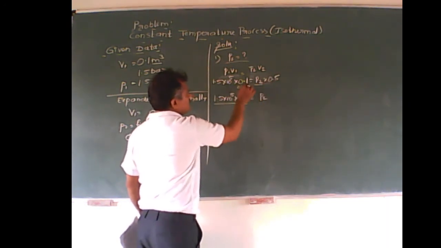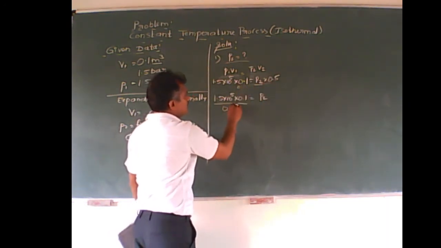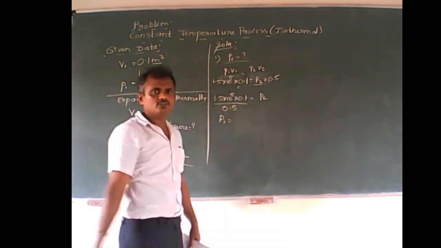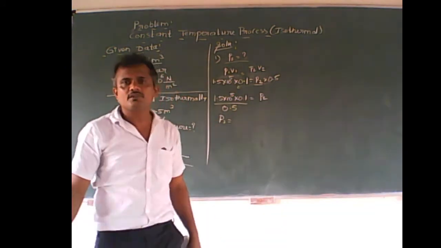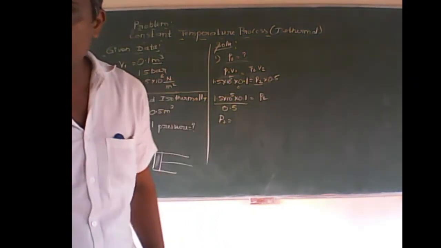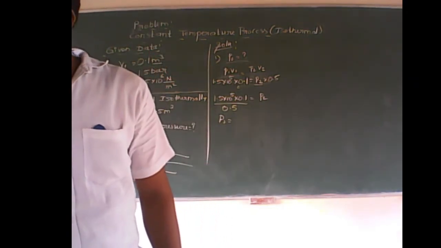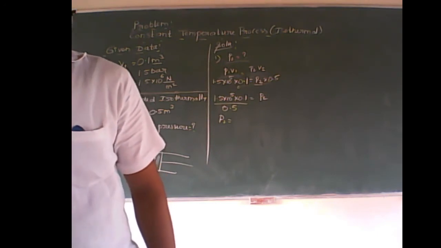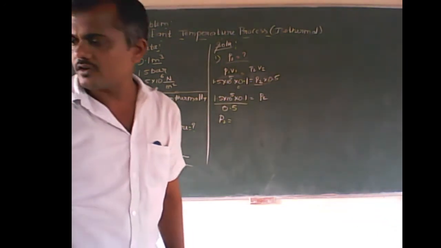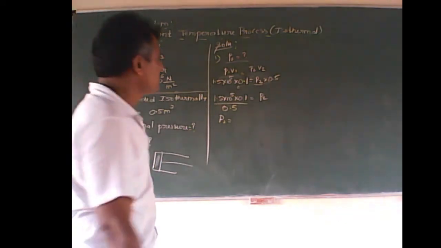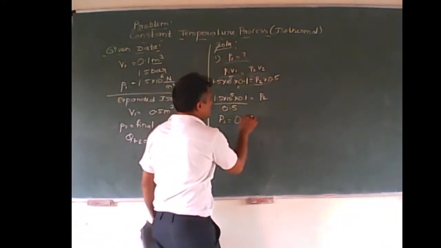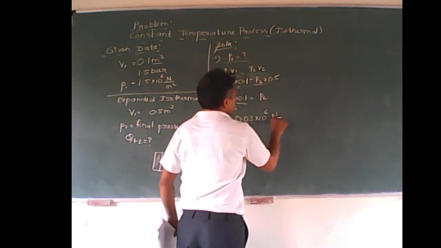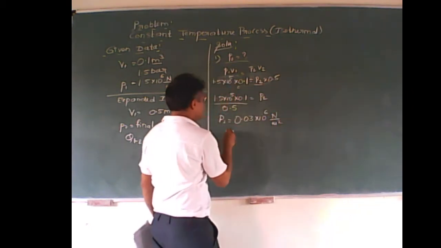So this is how we can calculate. Now we can use the calculator. 1.5 into 10 raised to 5 into 0.1 divided by 0.5. What am I getting? 0.03 into 10 raised to 6 Newton per meter square is obtained.